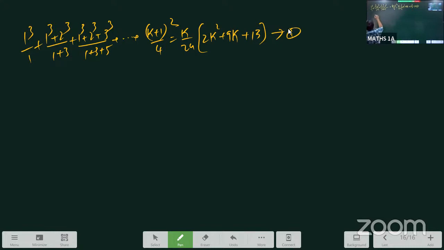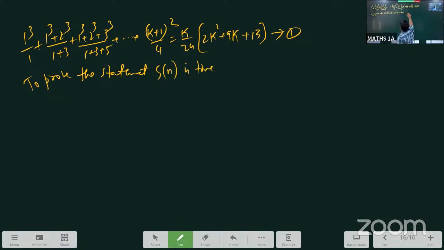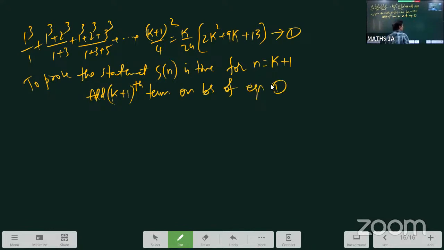Now, to prove the statement S of n is true for n equal to k plus 1, what should I do? Add the k plus 1th term on both sides of equation 1.